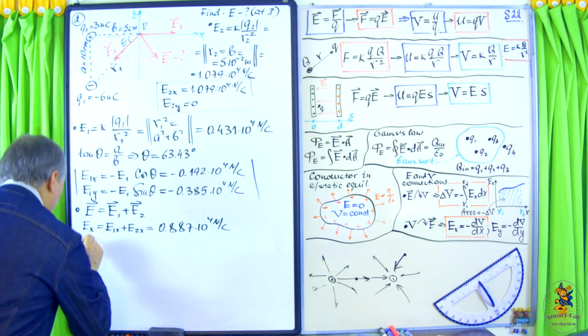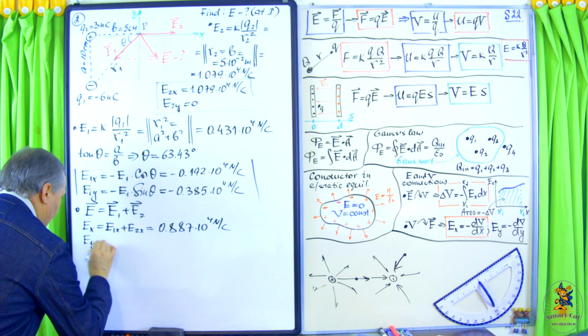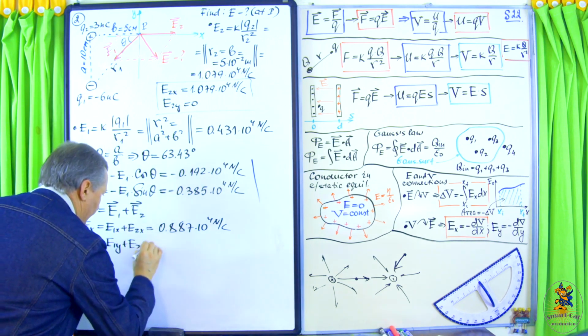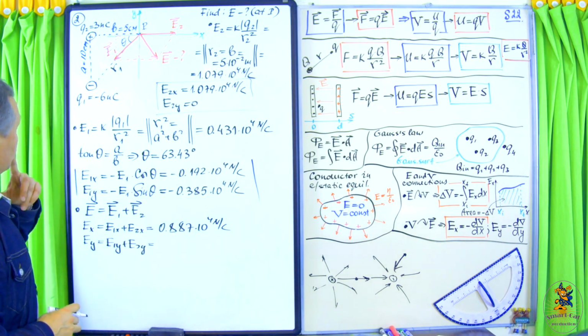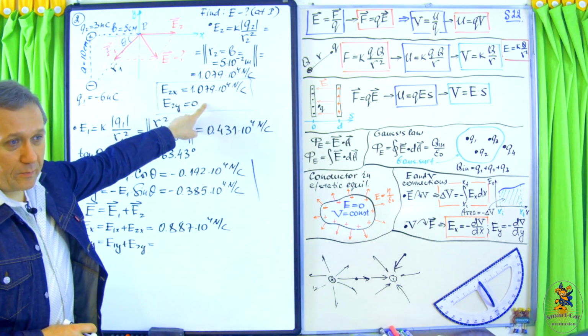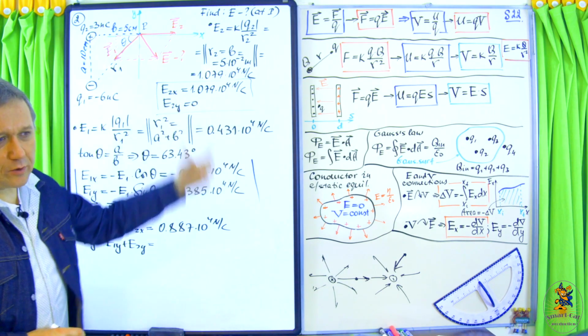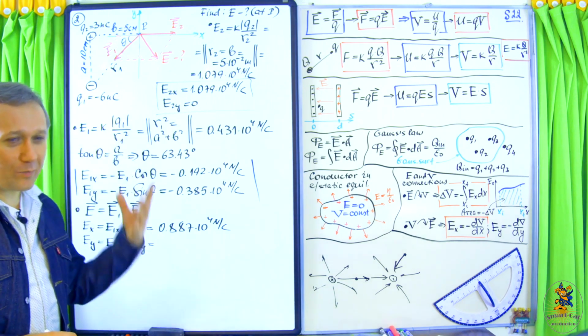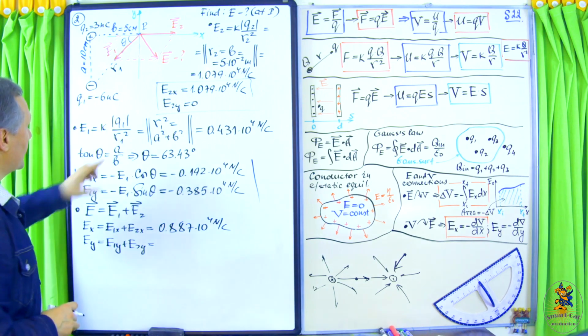And similar for the y component. Ey equals E1y plus E2y. In this case it's easy because this component is 0. And every time I usually try to arrange it in such a way that one of the components is 0, fewer calculations.